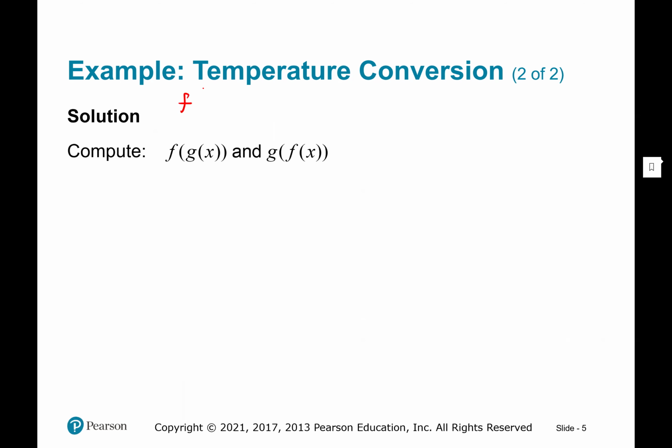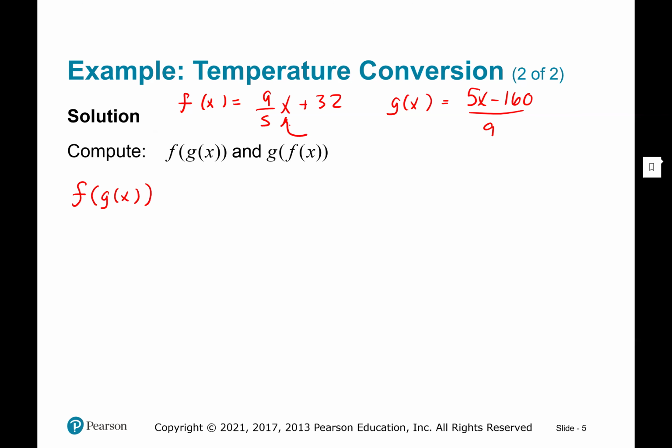So f of x is 9/5 x plus 32. g of x is (5x minus 160) over 9. So I'm going to evaluate f at g of x. So in my function f, where there is an x, I'm going to replace it with a g of x. So I get 9/5 times g of x plus 32.